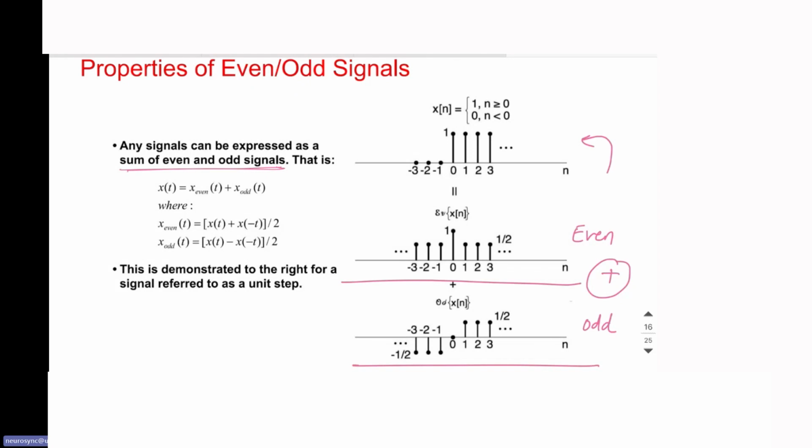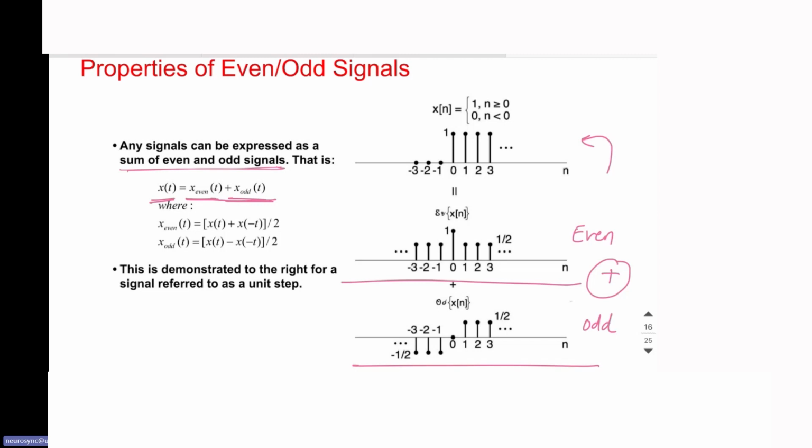So for some signal x of t, we can say this is the combination of x even signal. X even t is nothing but the representation of the even signal. X odd t is nothing but the representation of the odd signal. So x of t we can write like this: x even t plus x odd t.